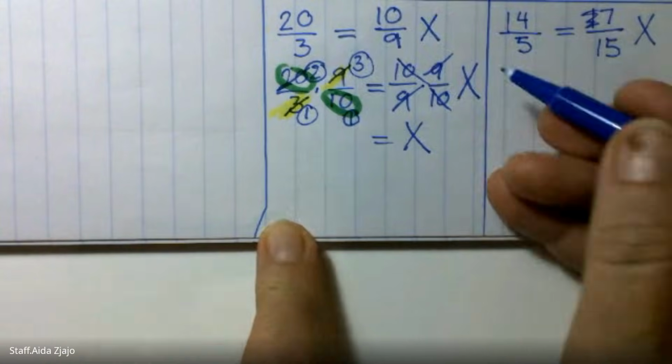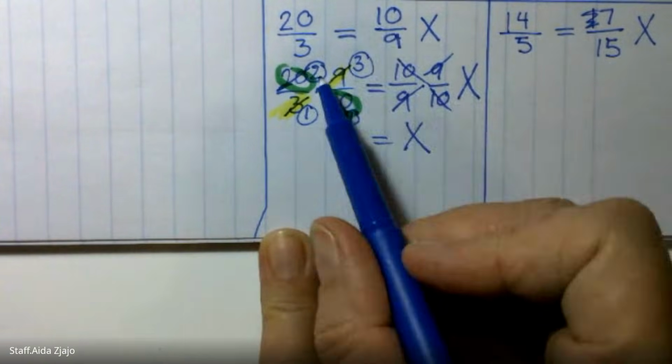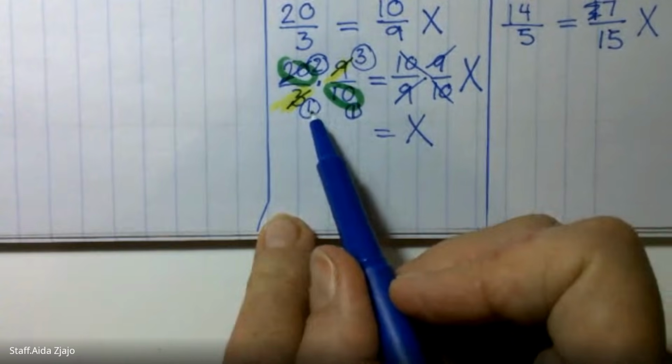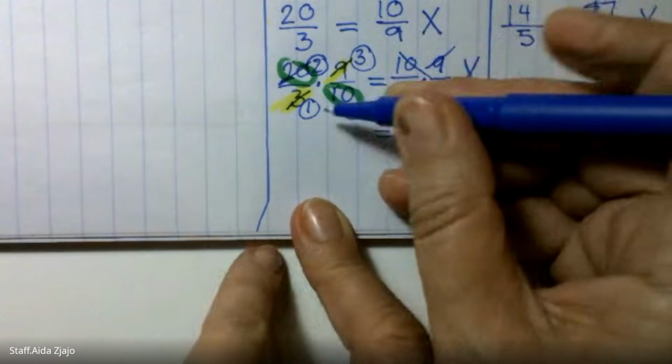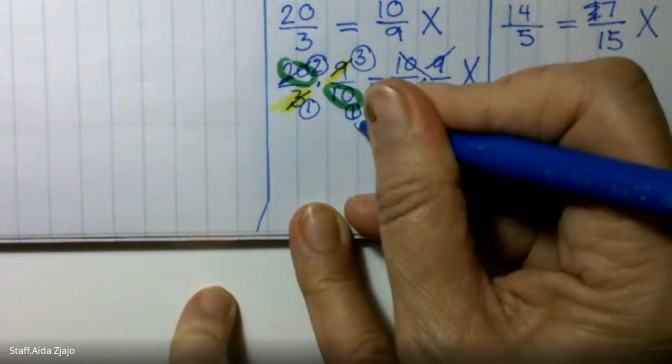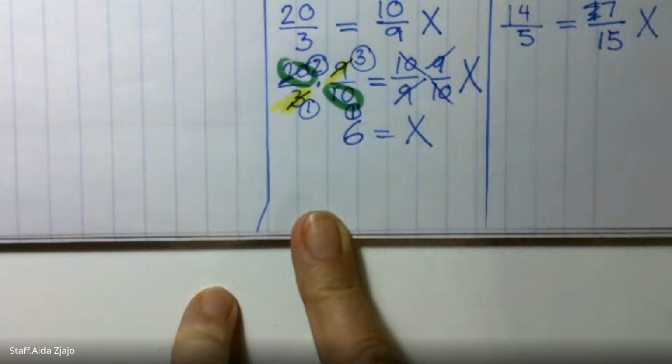Then my fraction changes into 2 times 3 over 1 times 1. 2 times 3 is 6, and 1 times 1 is 1, so the answer is 6.